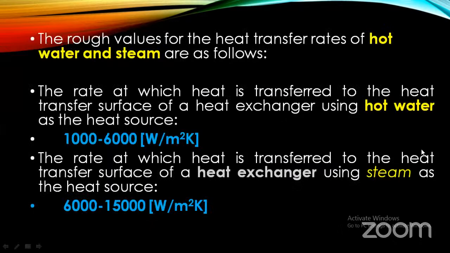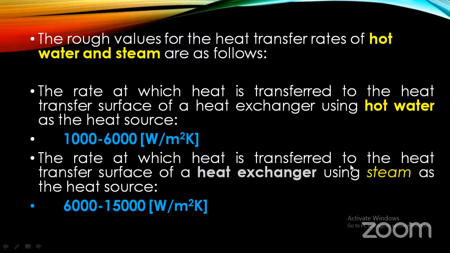So here the tabulated values for the heat transfer rates for hot water and steam are given. The rate at which the heat is transferred to the heat surface, in the case of a heat exchanger, if you take hot water, the value is 1000 to 6000 watt per meter square Kelvin.